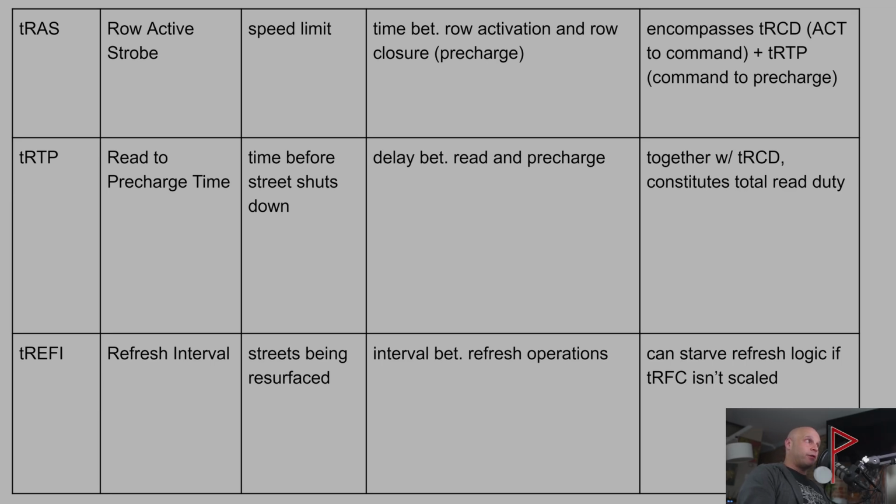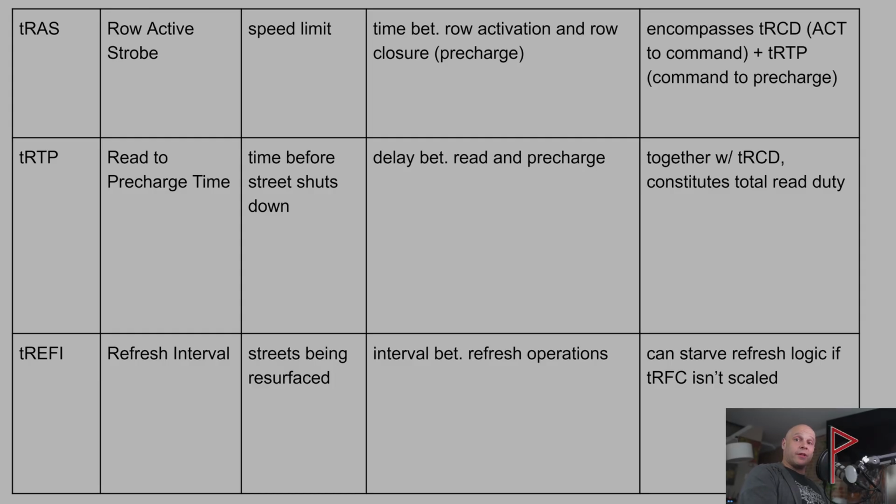Read to pre-charge time, so tRTP, and tRCD is when the act command, the row is activated, to the subsequent command. So tRCD plus tRTP should give you your tRAS, and you can in fact add those numbers, and that can be the number that you plug in for your tRAS value when you're overclocking, if you want to.